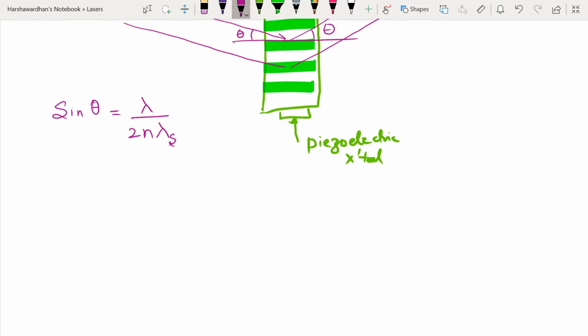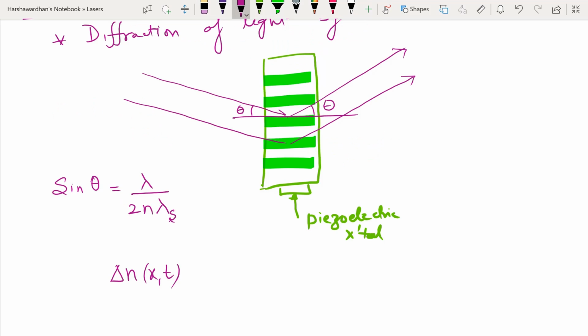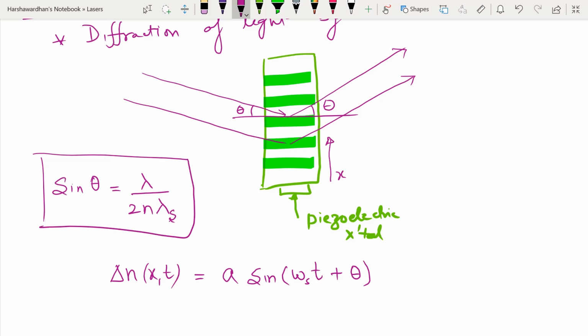So effectively, one can do a detailed analysis and see that the variation of the refractive index of this material along this direction, which is x, can be written in this fashion. There is some amplitude of this variation, sine of omega s t plus theta, omega s being the angular frequency of the sound wave. Theta is precisely arising out of this relationship, right?